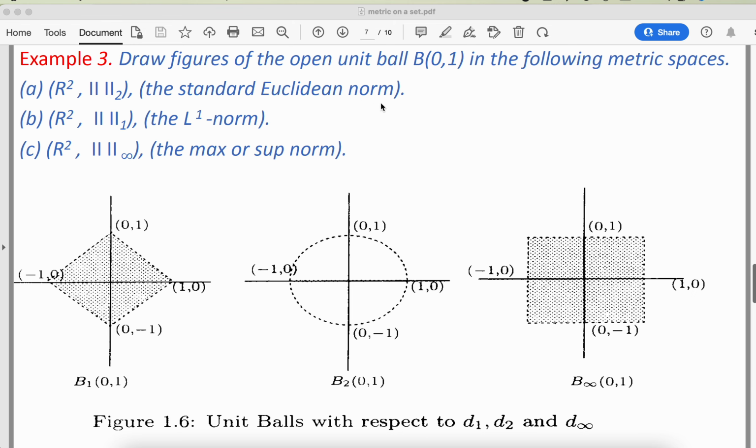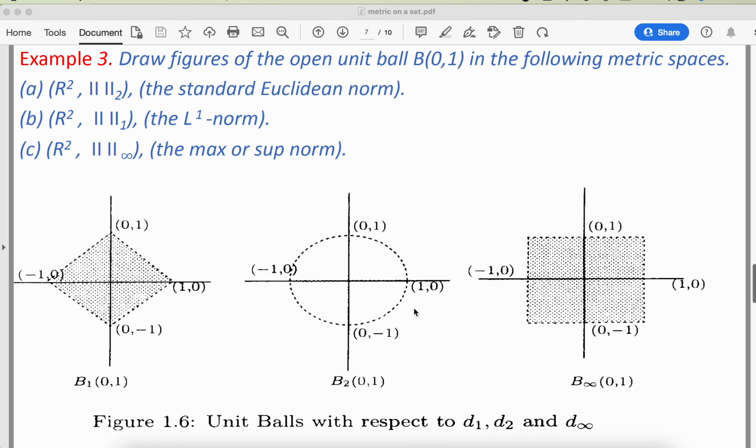With respect to the standard Euclidean norm, this ball which is centered at 0 and has radius 1 comes out to be the shape of a circle. We know how to calculate the ball. We have explained it in the last example also. So this ball will come out to be the shape of this. This is the shape of the ball with respect to the standard Euclidean metric.